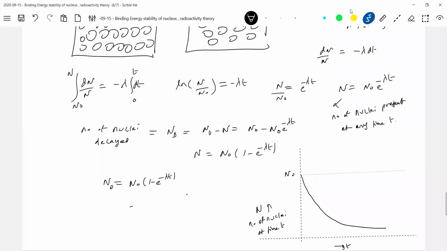I'll multiply lambda on both sides. Now this will become the activity. What is activity? The rate, the number of disintegrations per second that will occur.